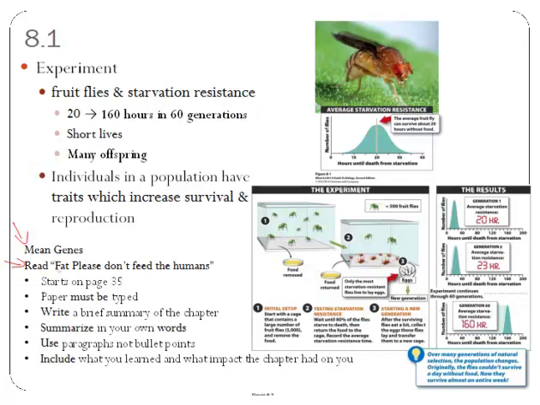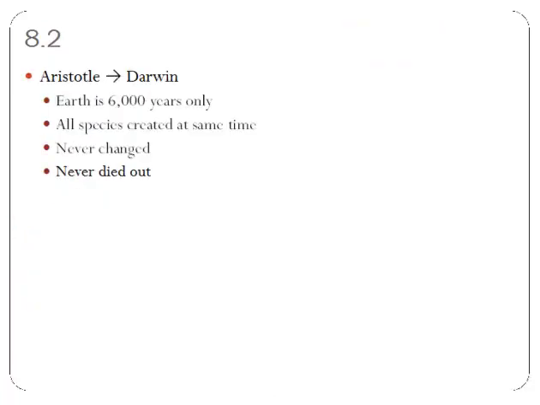So read the chapter on Fat, Please Don't Feed the Humans, and write a paper over it. You need to include a brief summary of the chapter, so tell me in your own words what the chapter discussed. Make sure you're using paragraphs, not bullet points, and then tell me what you learned and what impact that chapter had on you after you've read it. So that's your assignment.